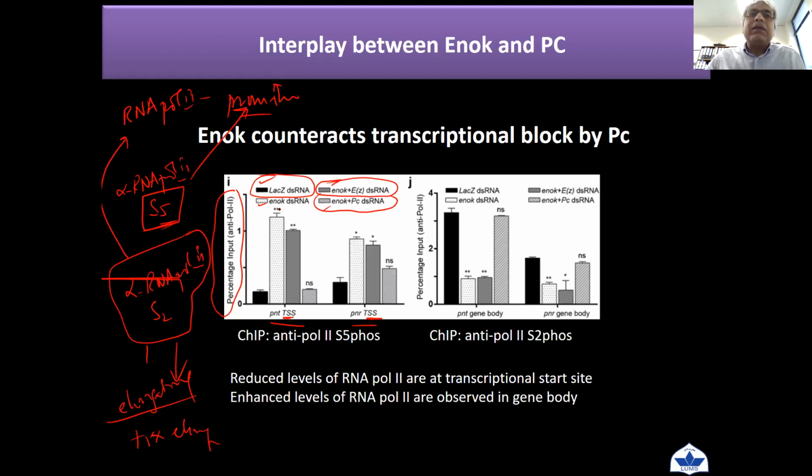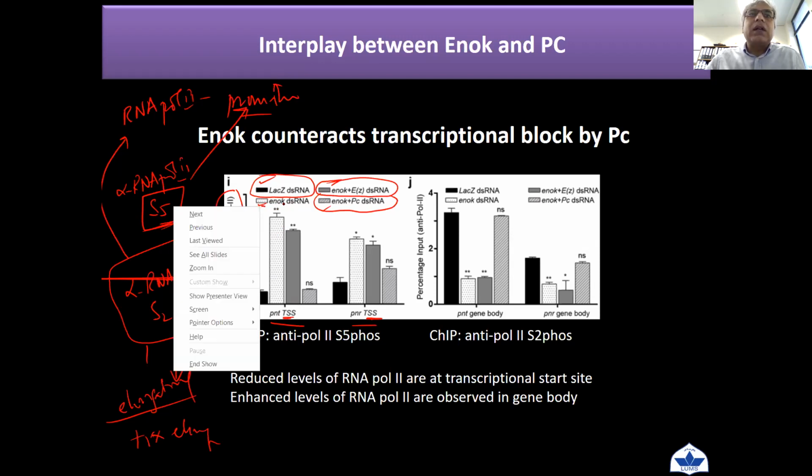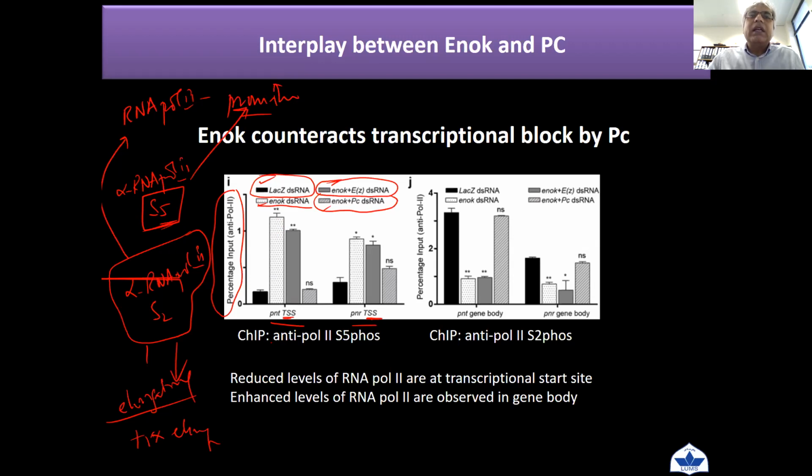However, when you have Enoch double-stranded RNA at the transcription start site, a lot of RNA pol 2 is present. In the wild type scenario, normally RNA pol 2 is transcribing the gene. It's in the promoter region, and the majority of RNA pol 2, when the gene is on, will be in the gene body.